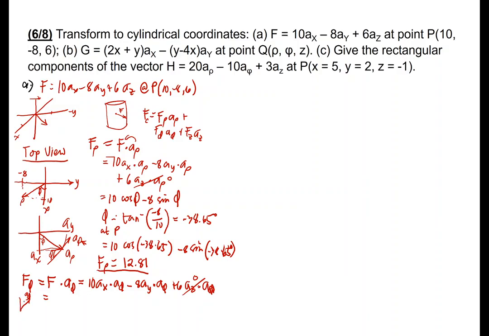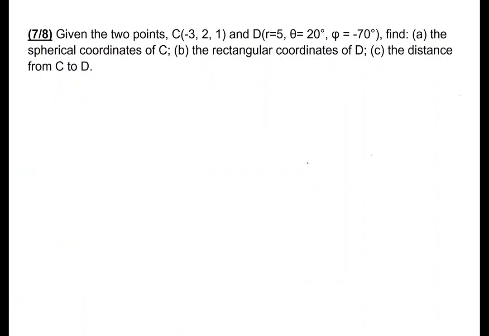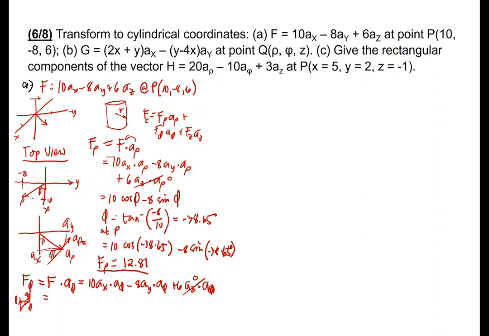Given this vector and this angle φ, this aφ is actually opposite. So this value here is actually aφ sine φ.